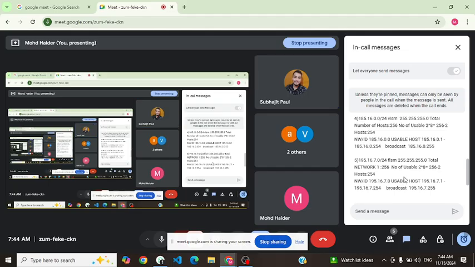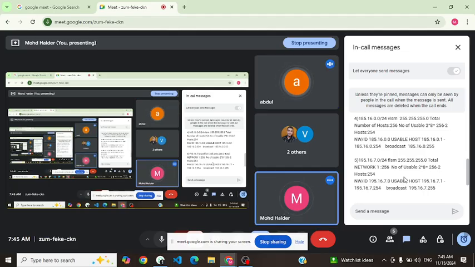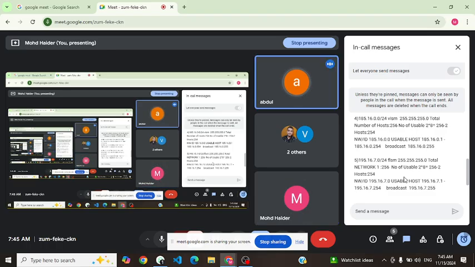Even if I subtract 24 minus 16, since it falls under class B, it is still going to be 8. You will be left with 8, so 2 to the power of 8, which is 256. No, I am asking about the number of networks.